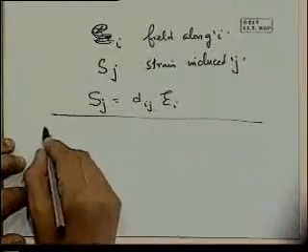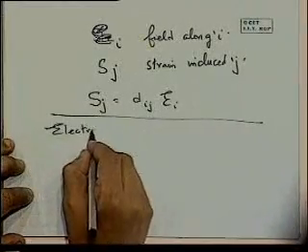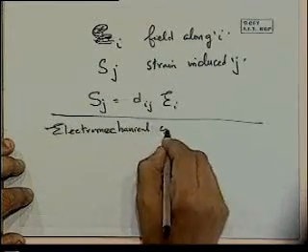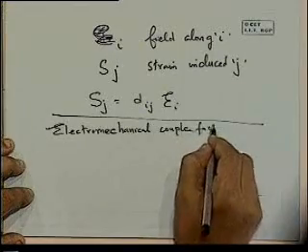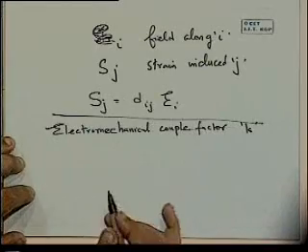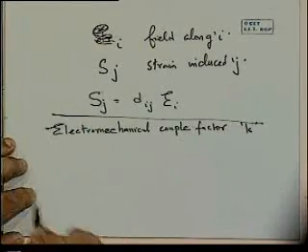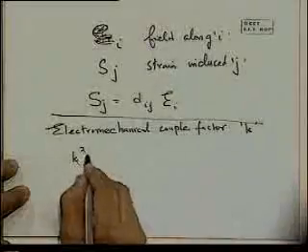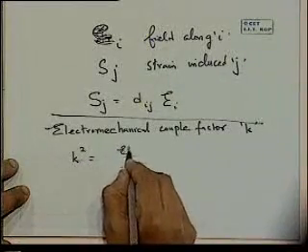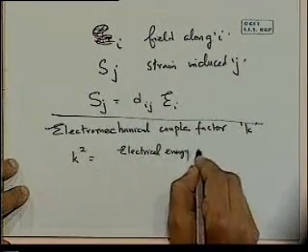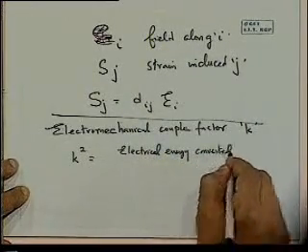Another term that is useful to us is called the electromechanical coupling coefficient, electromechanical coupling factor, which has the symbol K. And as the name implies, we can think of it as converting electrical energy to mechanical energy. We want to know how good a converter it is, one way or the other. And it is expressed as K squared is equal to the electrical energy converted to mechanical energy divided by the input electrical energy.